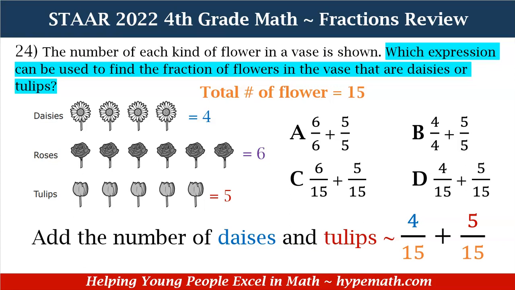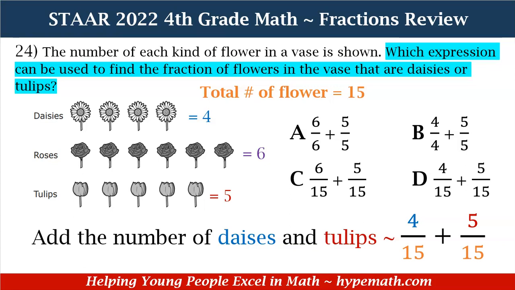We have a total number of 15 flowers, so 15 is going to be our denominator because that is the total parts. For the daisies, our numerator will be 4 because we have 4 daisies. So 4 over 15 is my fraction for daisies. And for tulips, it will be 5 over 15 because there are 5 tulips.